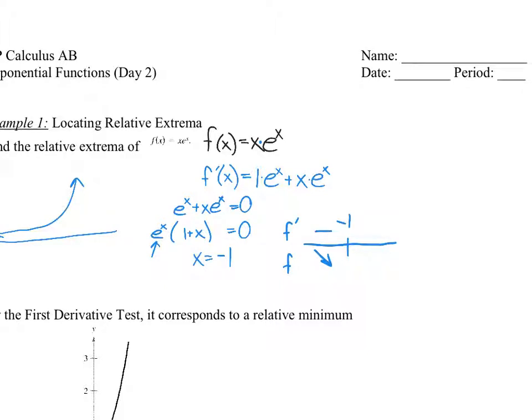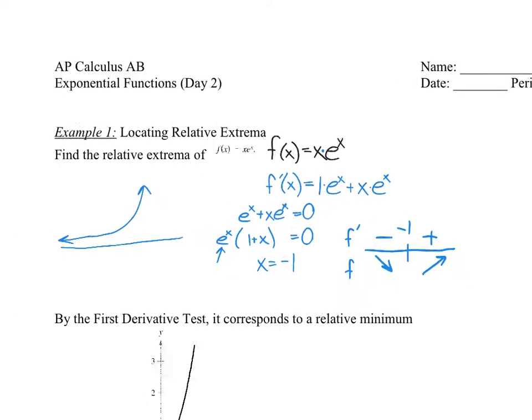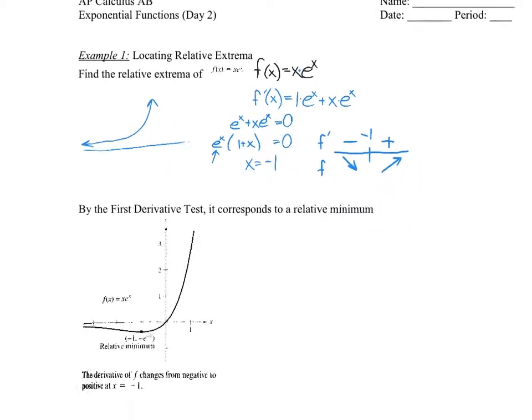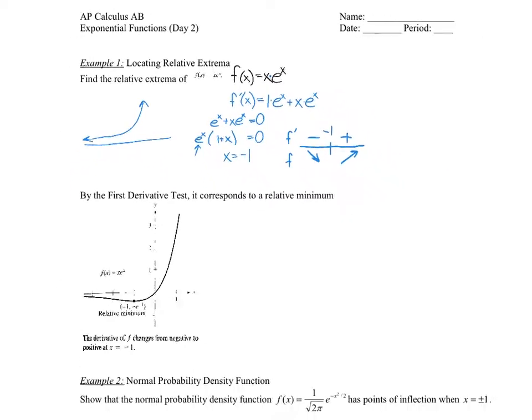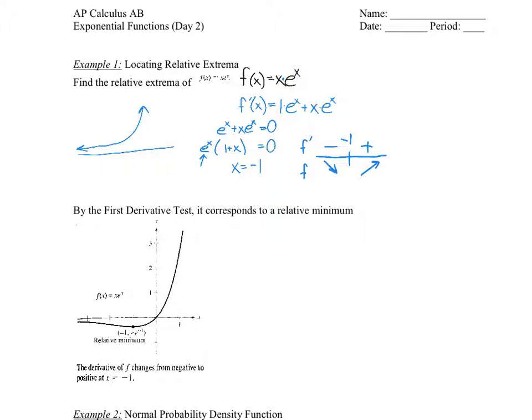That's going to be positive. So we can tell by the first derivative test that it does correspond to a relative minimum.